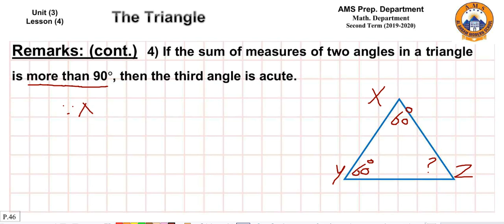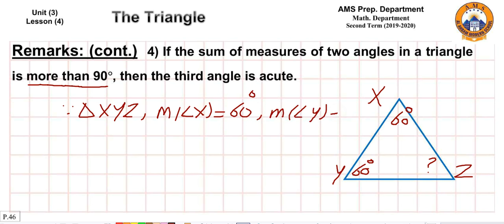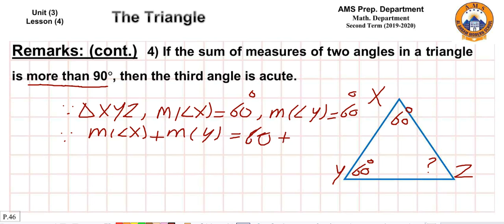First, we have to mention that in the triangle XYZ, measure of angle X equals 60 degree and measure of angle Y equals 60. So, sum of them equals 60 plus 60 equals 120.